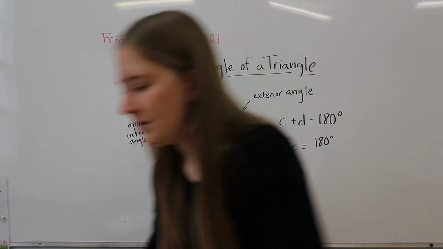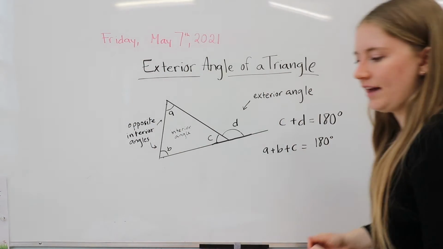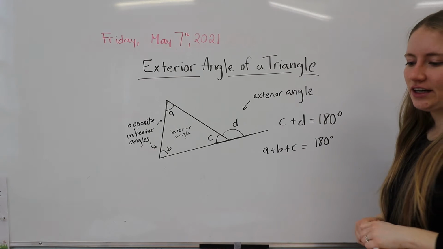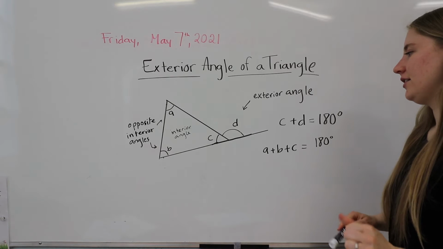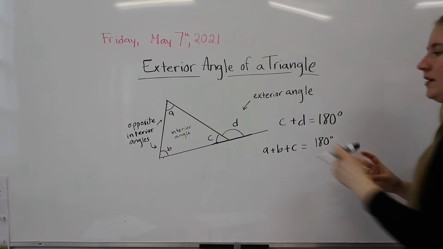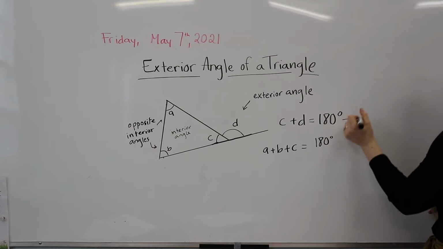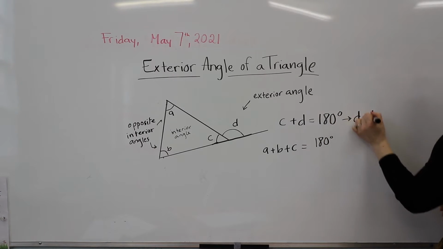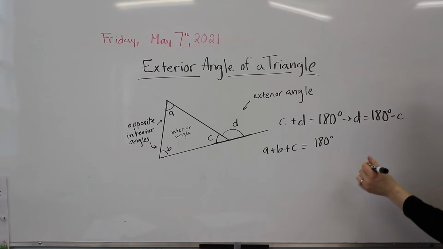so that brings us to our rule that the exterior angle of a triangle is equal to the sum of the opposite interior angles, right? Because when we look at it this way, C and D equals 180 degrees, so D equals 180 degrees minus C, right?